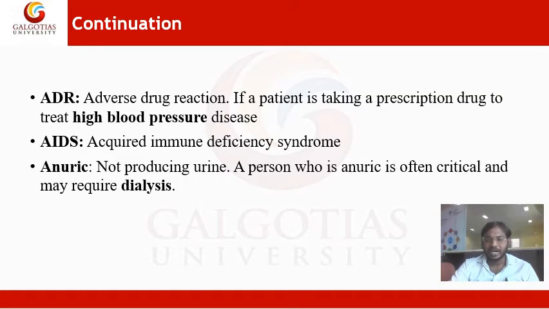It's called anuria, also you can call it absence of urine production. That is, by kidney failure, there is no urine formation. A person who is anuric is often critical and may require dialysis. It means the kidney is not functioning properly.